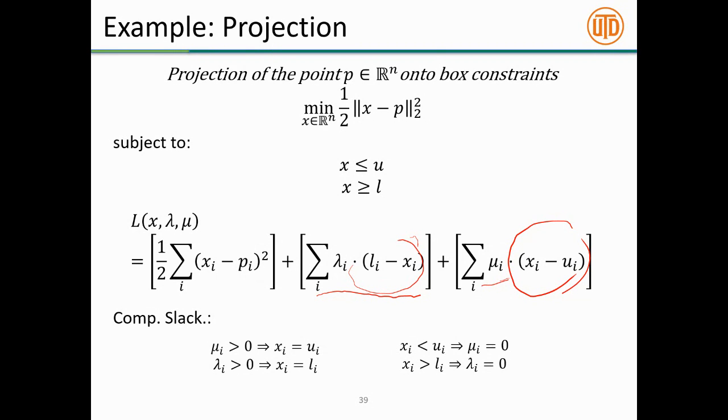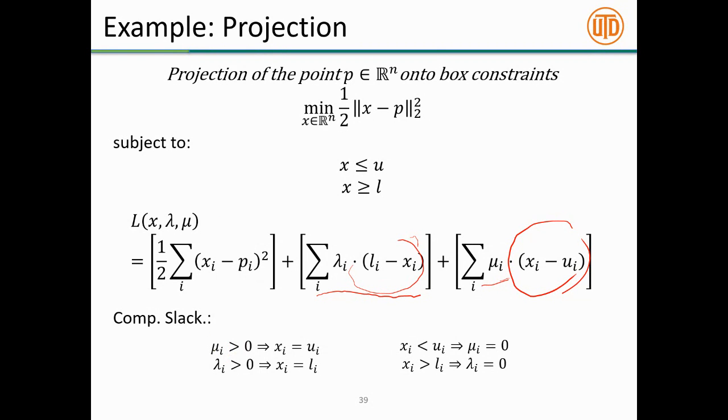Written correctly on the slide this time, it says that if mu i is greater than 0, complementary slackness tells us that the product of mu i times (xi minus ui) has to be 0. So that implies that xi has to be equal to ui. Similarly, if lambda i is greater than 0, then xi has to be equal to li.